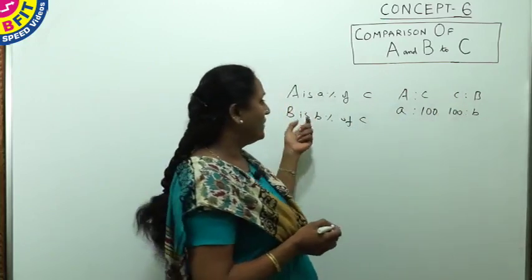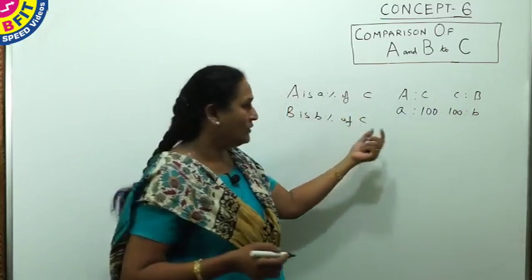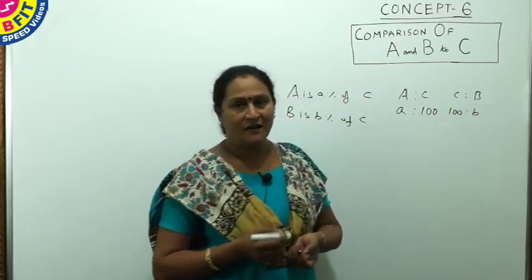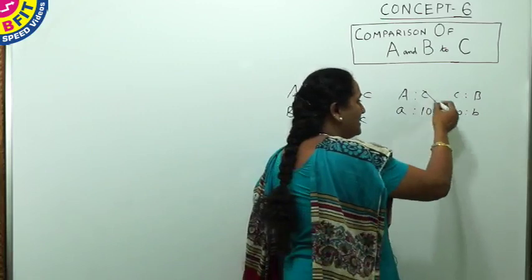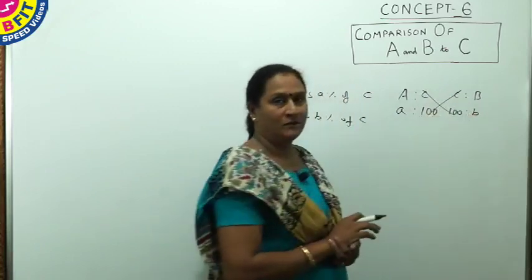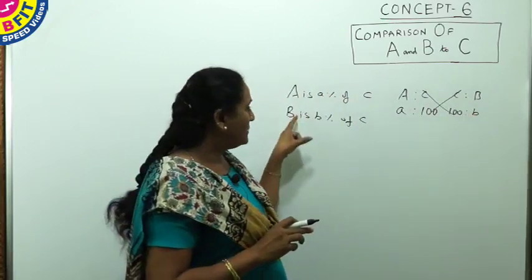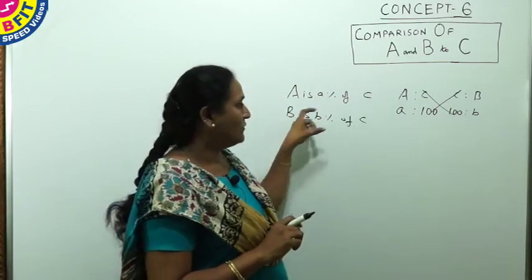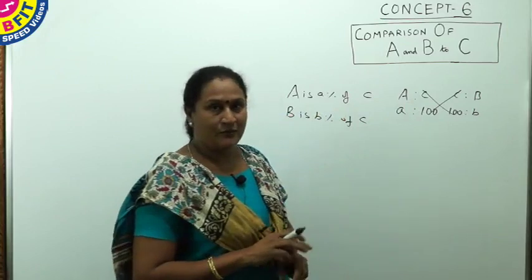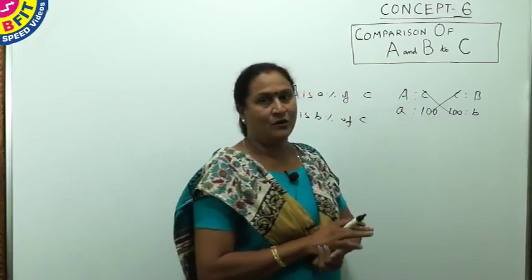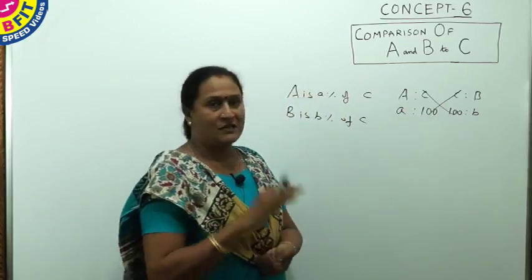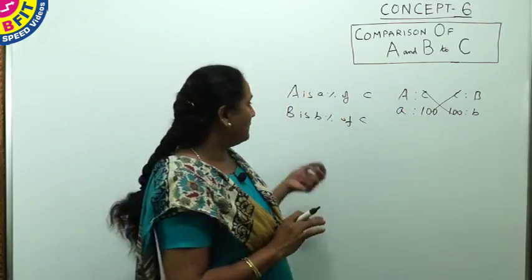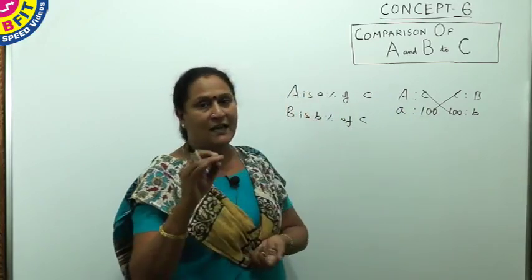So whenever two values are compared to the same value, here we get the same factor 100 and 100, and no need to consider this third factor at all. This is only when these two values are compared to the same value. So don't consider this value at all. Though the value is given, just omit that, and we can work out the percentage between A and B itself.